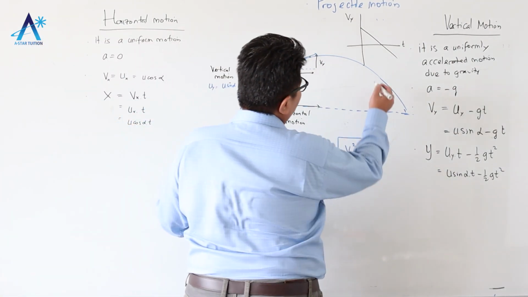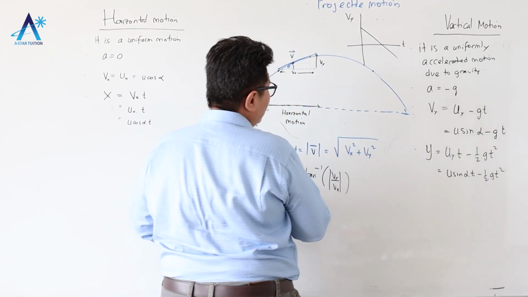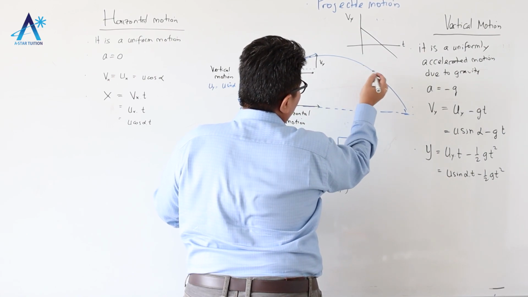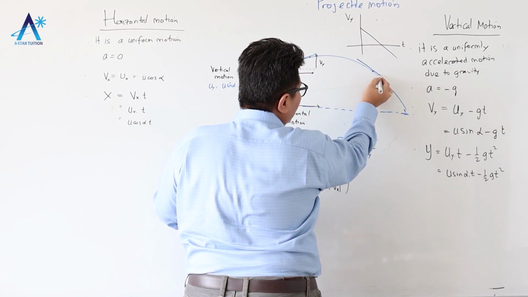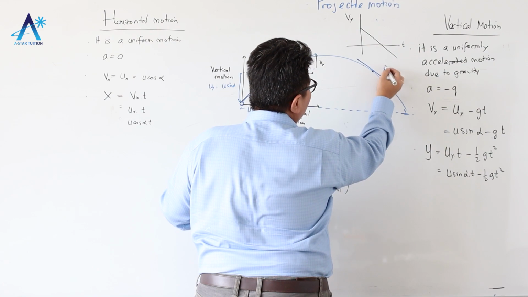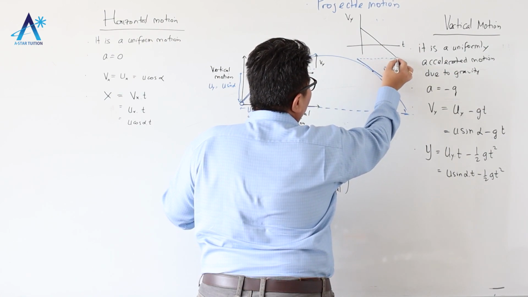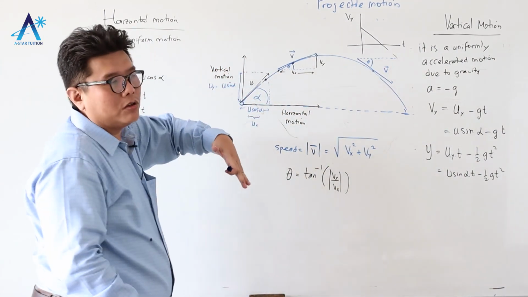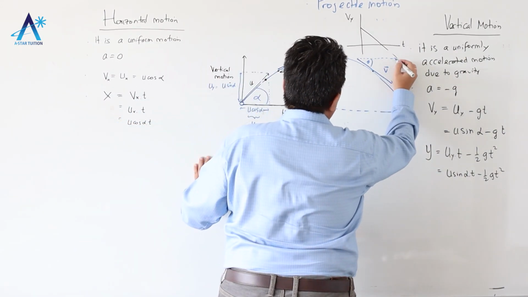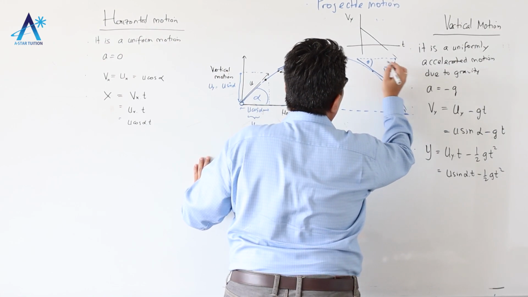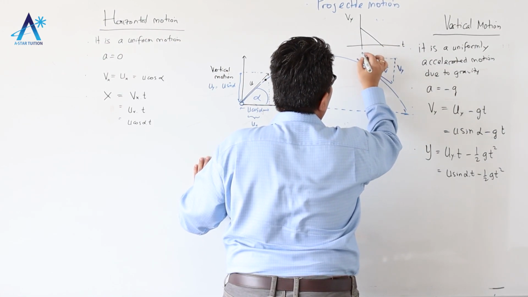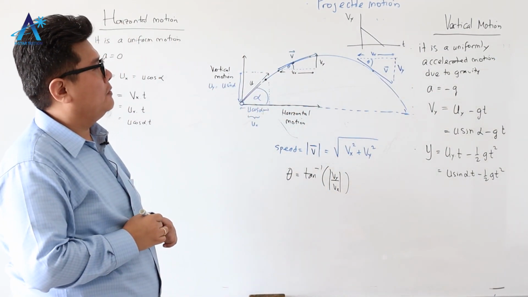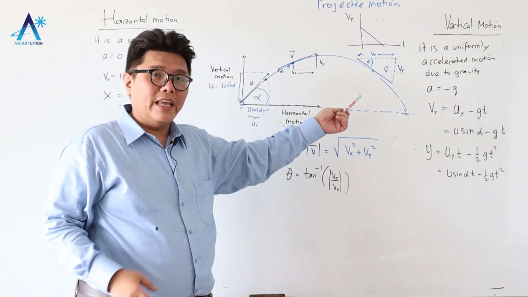However, let's say that at this particular instant, I draw the tangent line at this point to describe the velocity. You can see that this velocity makes an angle to the horizontal, but this angle is below the horizontal. Again it has vy and vx. In this case vx is still positive, but vy would be negative.